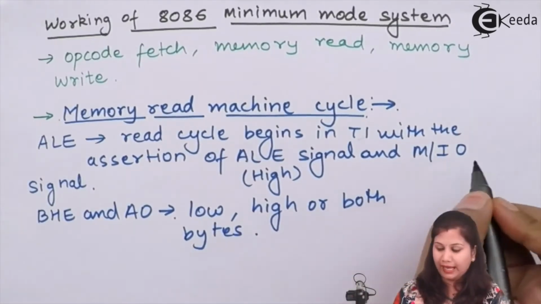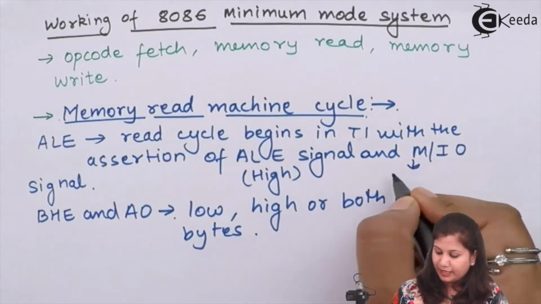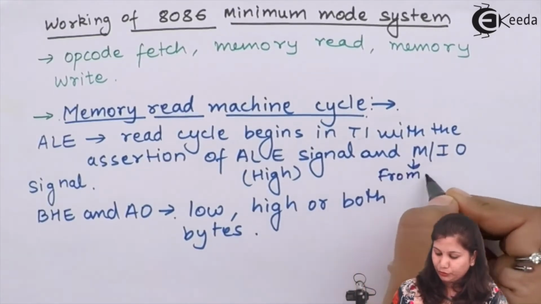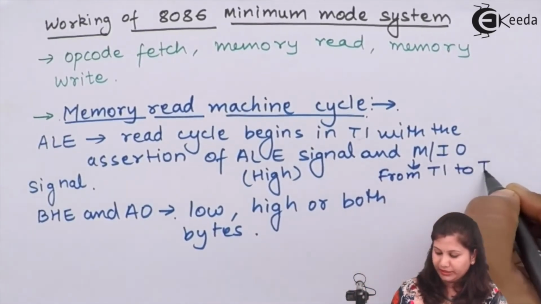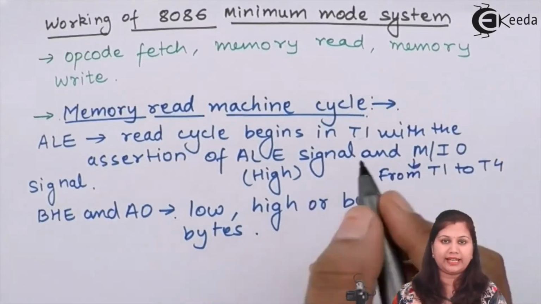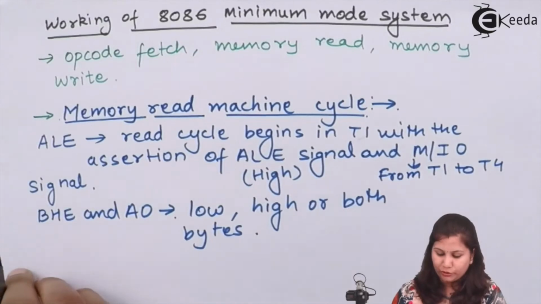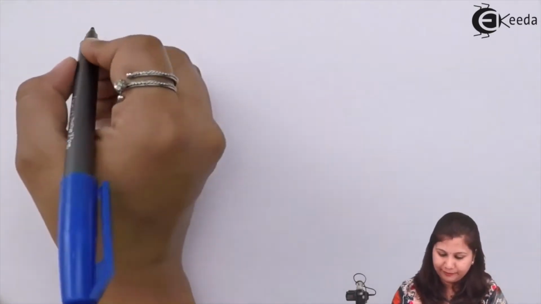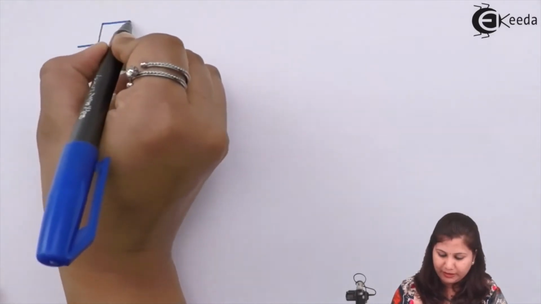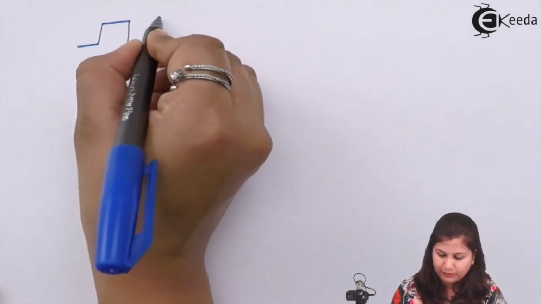And this memory and input output signal, from T1 to T4 states, will decide whether it's a memory or an input output operation. So if we draw the timing diagram for the memory read machine cycle, then this will be our clock.